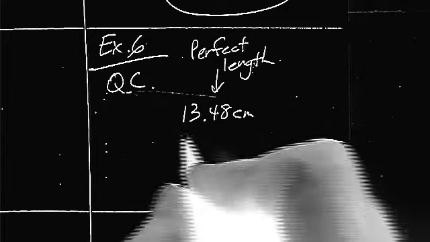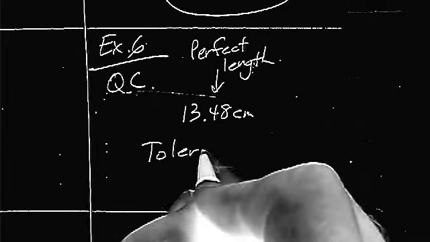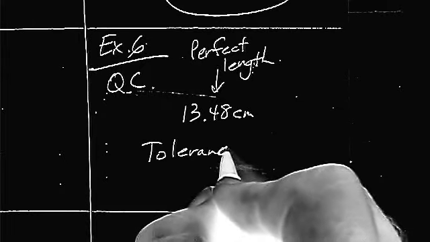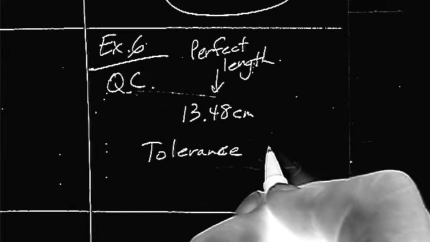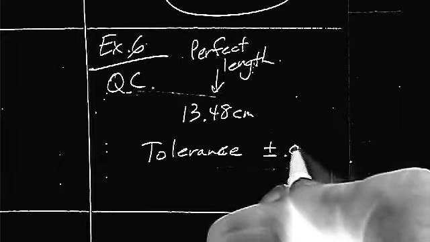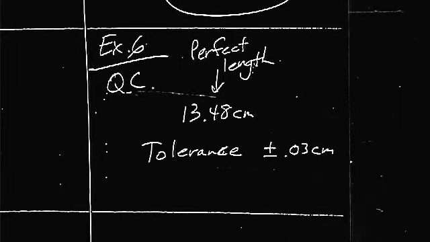Well, they also talk about something called tolerance. Tolerance is what we are willing to accept as an error. Suppose I would be willing to accept a part if it was 3/100ths bigger than 13.48 or 3/100ths smaller than 13.48.